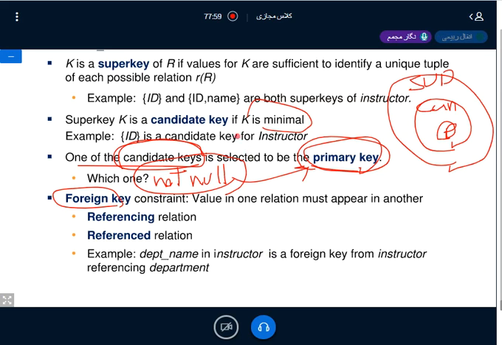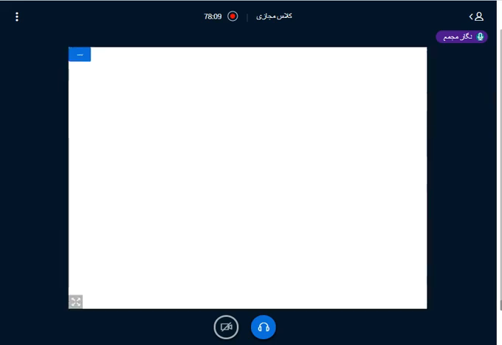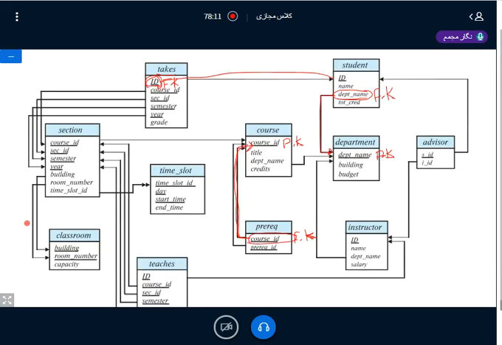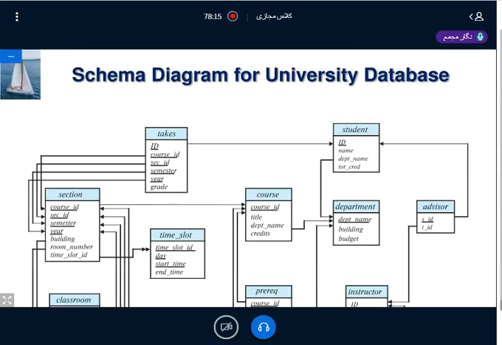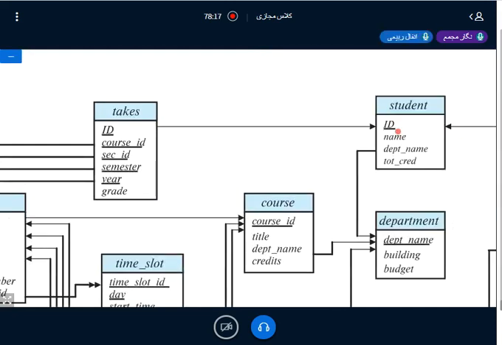Every table can have some super keys and can have many candidate keys, but every table can have only one primary key. We have one primary key for each table. For example, here ID is a primary key for table student.